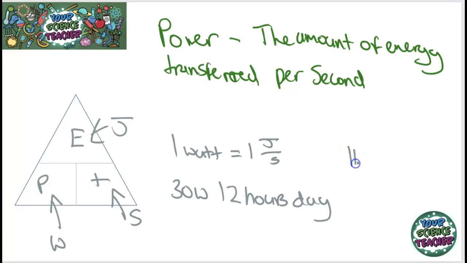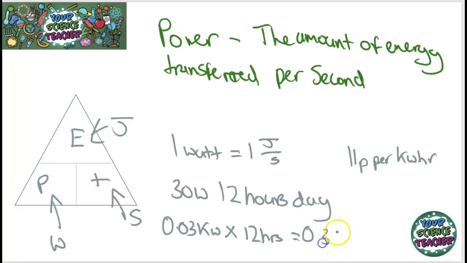Maybe a kilowatt hour costs 11p. So let's calculate how much it would cost to leave that on. First things first, you need to convert 30 watts into kilowatts. So the way to do that is to divide by 1,000. So you have 0.03 kilowatts. And if it's left on for 12 hours, you have used up 0.36 kilowatt hours.